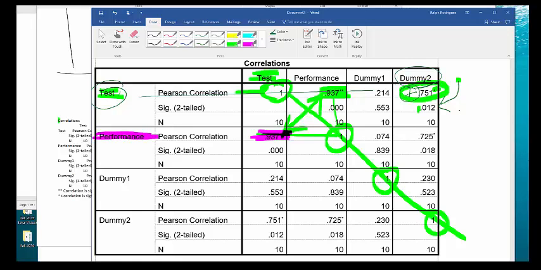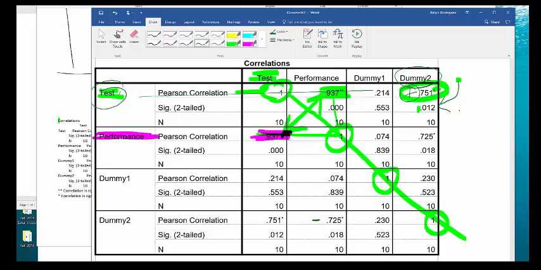It is possible for two things to be negatively correlated. So I'm just going to fake something here, and I'm just going to make this a negative 0.725. So what would we say here?